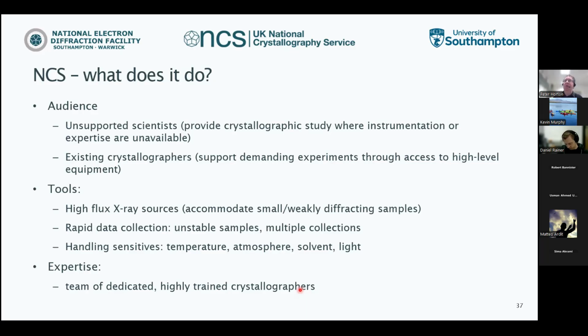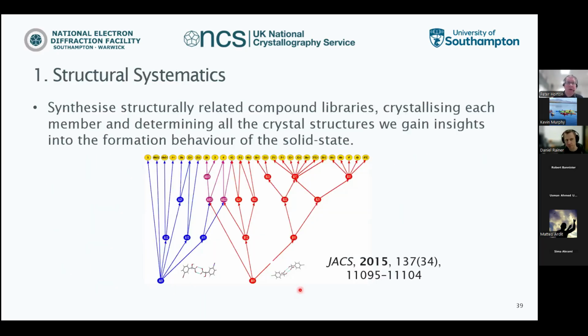We can do rapid collections. We can handle non-standard samples, so anything that's air sensitive, temperature sensitive, or moisture sensitive. And there is a group of highly trained crystallographers to help out. Some of the things we can do are, let's say, systematic structures.